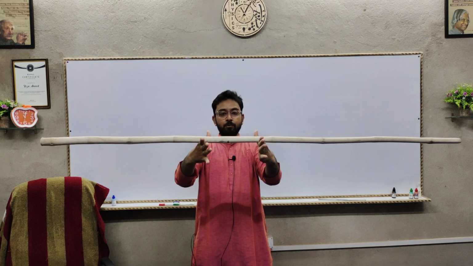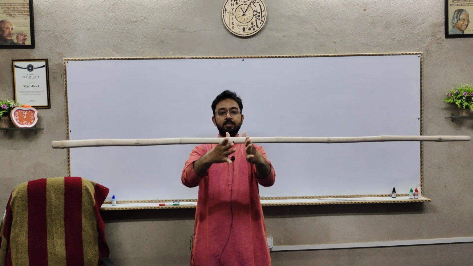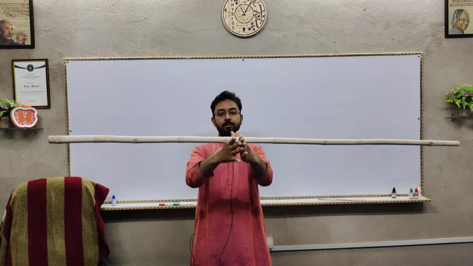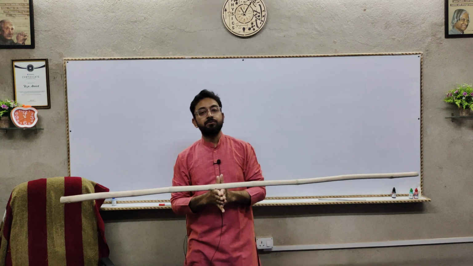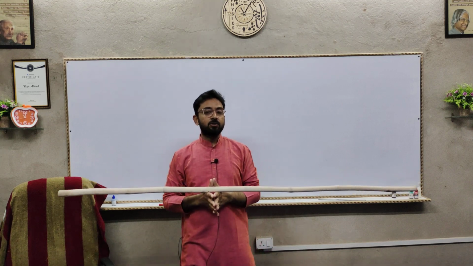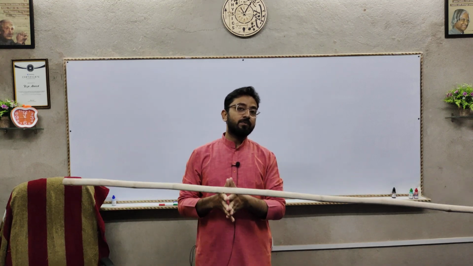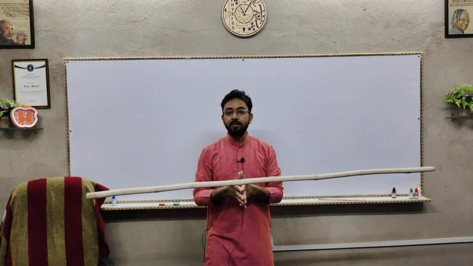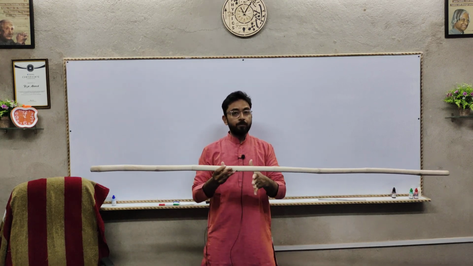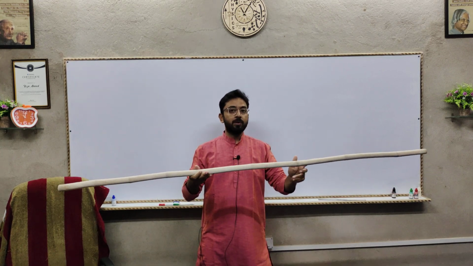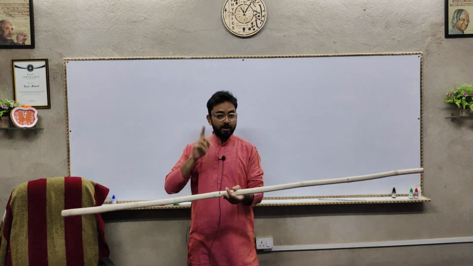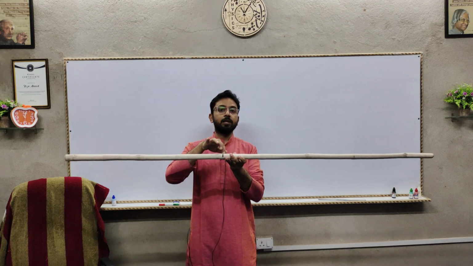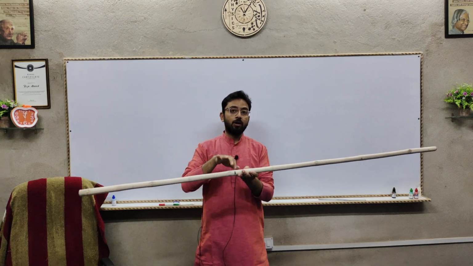I am going to find the center of mass at this position only, as you can see. From this experiment it becomes very clear that whenever you try to balance anything, the center of mass tries to adjust itself. If you want to stop both your hands at another point, you won't be able to. Every time your hands will stop here only. This is the point of center of mass.